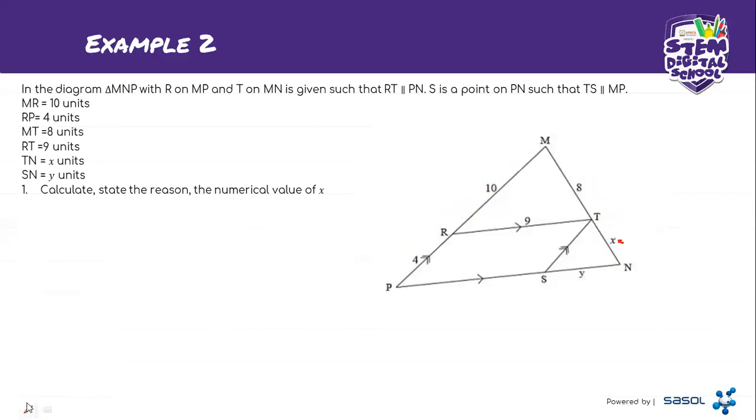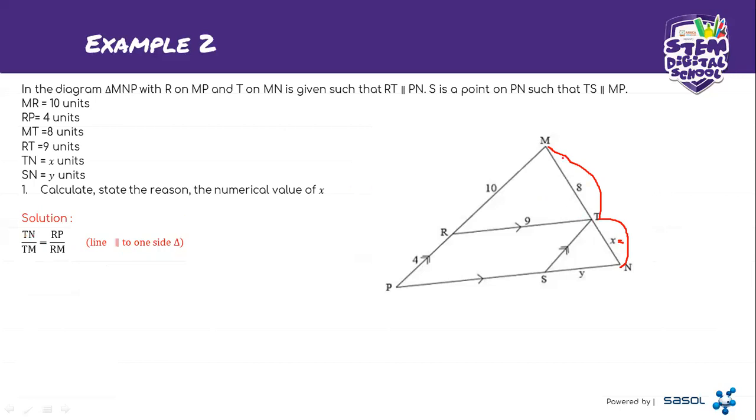Then what we can do, we're going to say TN divided by TM, because TM is the actual distance, which is 8 units. Yes, we have started with TN, and then we have TM.